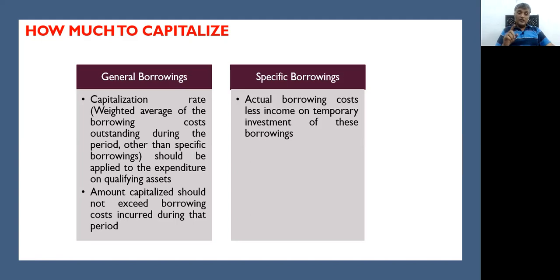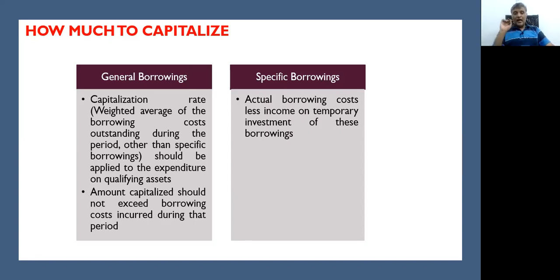But if the borrowings are generic borrowings, you have to be careful. Then you have to arrive at a capitalization rate. Because let's assume I got 3 loans, one at 10%, other at 10.5%, other at 11%. So which is the interest rate I should consider? Which means you need to consider a weighted average rate, which is called a capitalization rate.